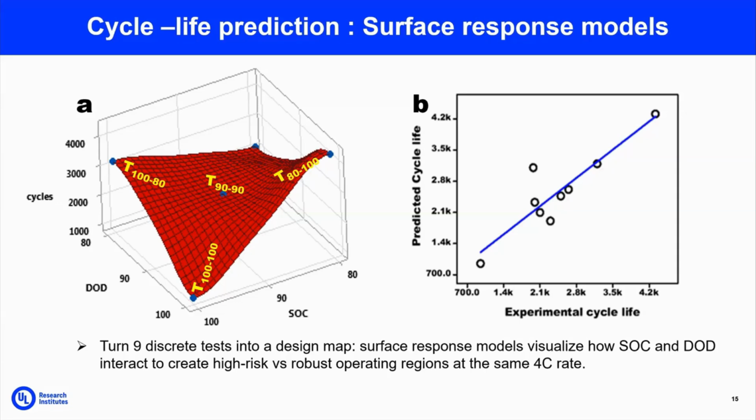We have only studied 9 test conditions, but we can make many combinations from 80 to 100, and for each combination we can identify what kind of cycle life it can result in from this surface model theory. We use these 9 test conditions as norms to determine the cycle life as a function of SOC and DOD.